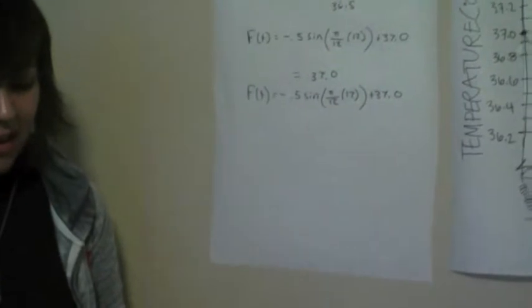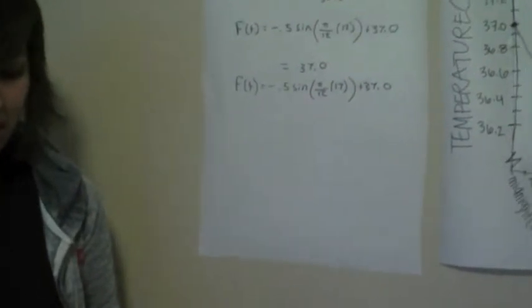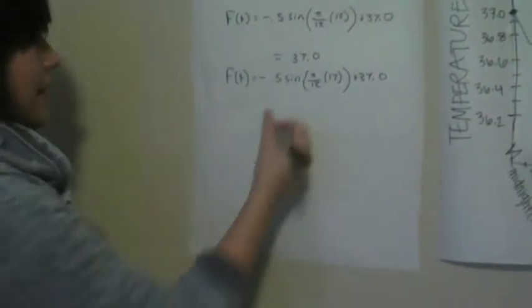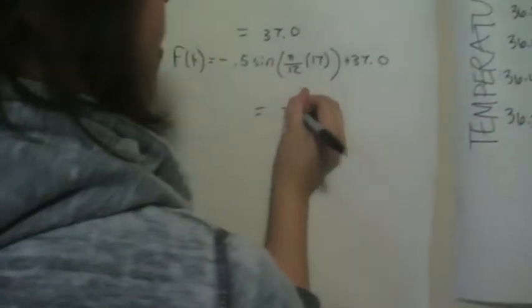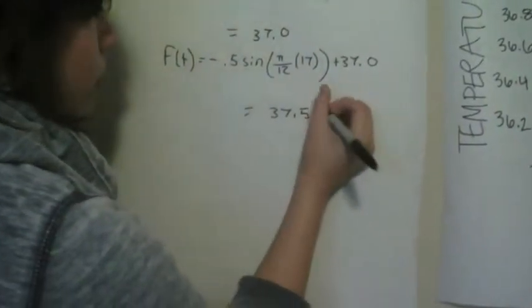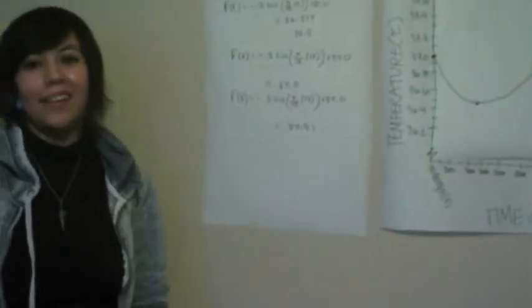And then we're going to plug it into our calculators again, which equals exactly 37.5, which matches up with our original data again.